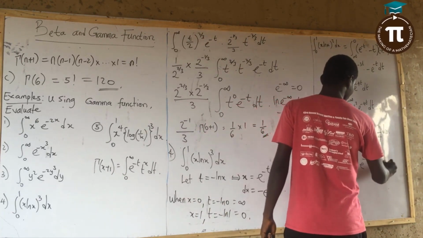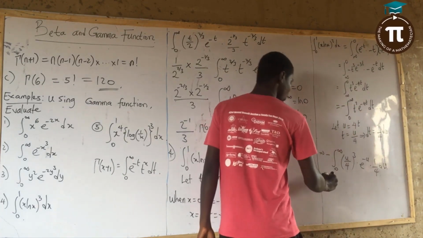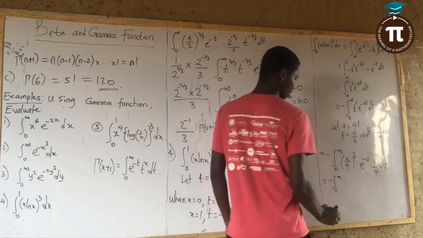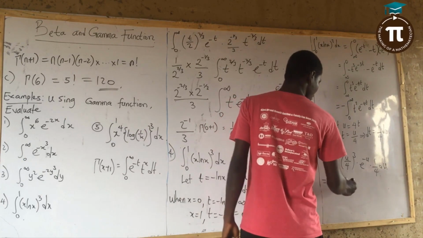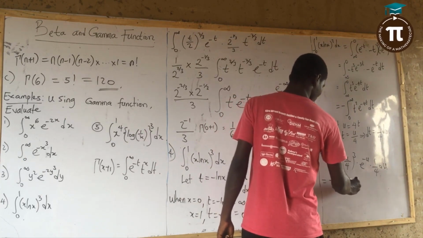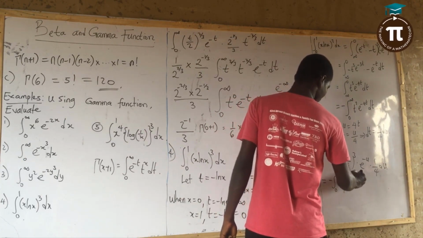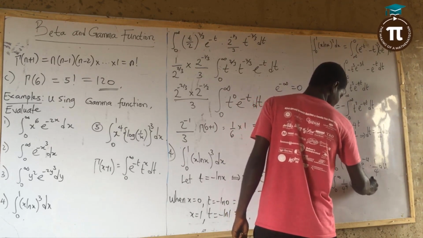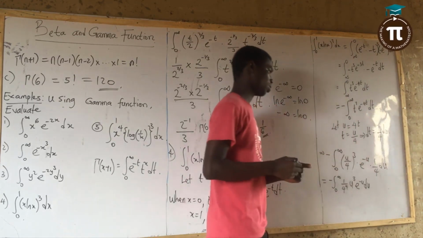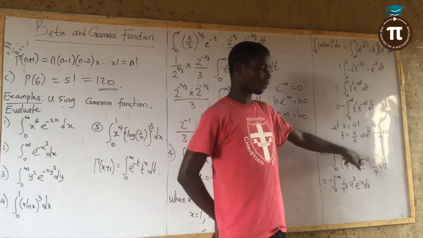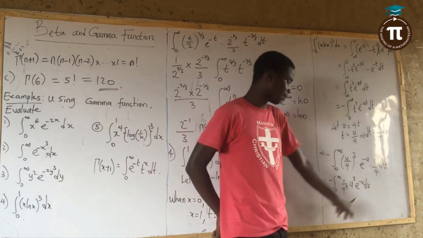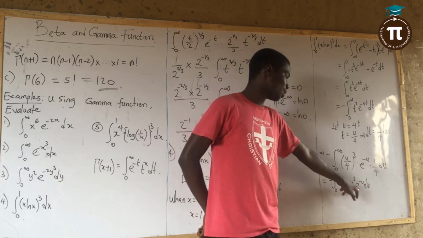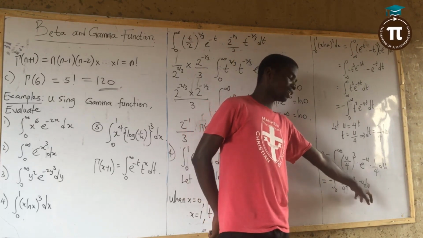So that I will have minus the integral from 0 to infinity of 1 over 4 raised to power 4, u raised to power 3 e raised to the power of minus u du.